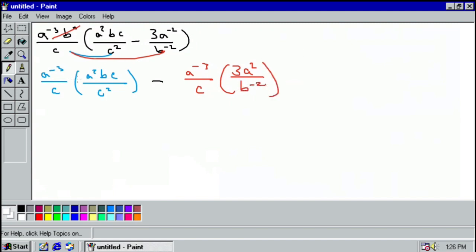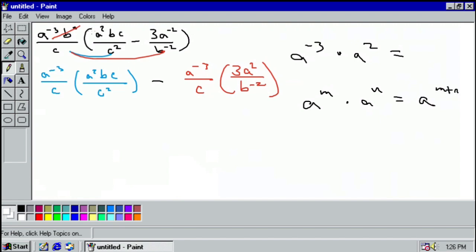Now let's multiply. We have the same variable here. So remember that when we are multiplying exponents, let's say a to the m times a to the n, you're going to add them, right? It becomes a to the m plus n.